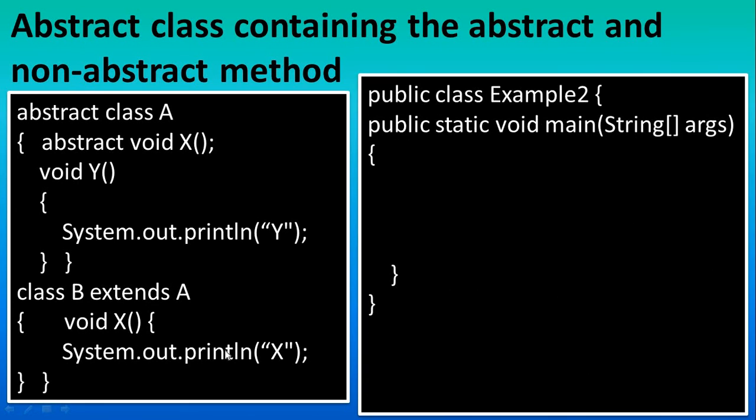Then for running this you have to take one more class with the main method and create the object. So suppose the object of B is obj, then by using this you can take obj.x, so it will give you the output X, data is coming from X. And then by using this object you can also run the Y method, because you cannot create the object of that abstract class, it doesn't have an object.